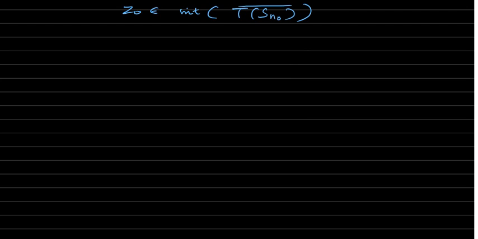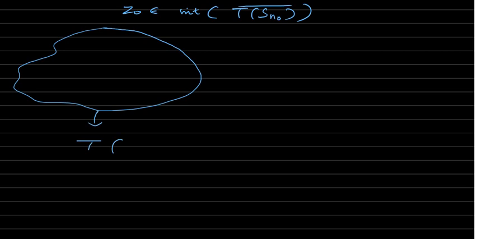Interior means I can find r positive. So this is our set, the closure of T of S n naught, and Z naught is in the interior.